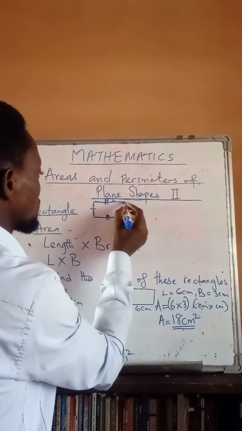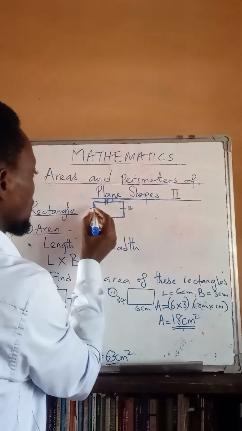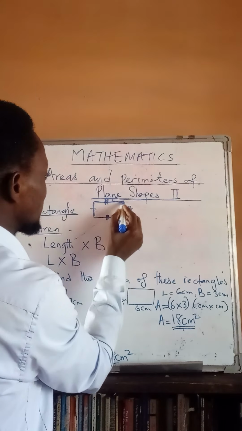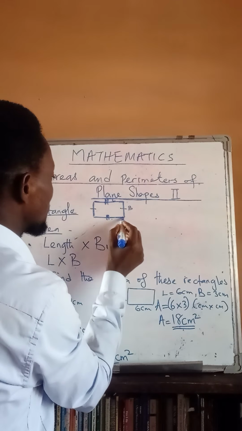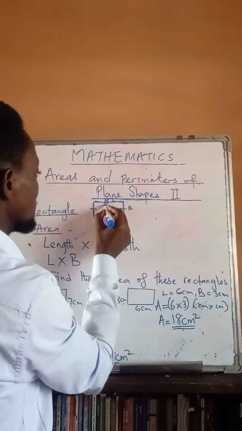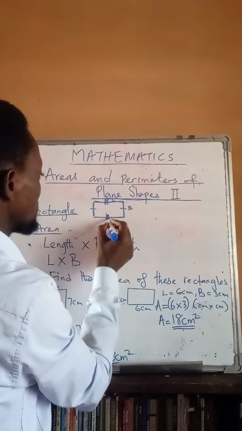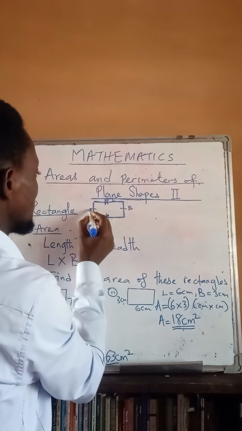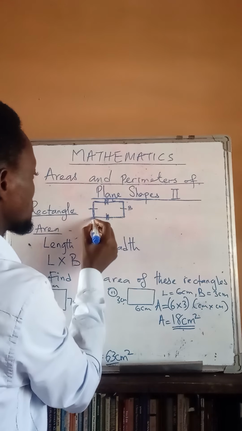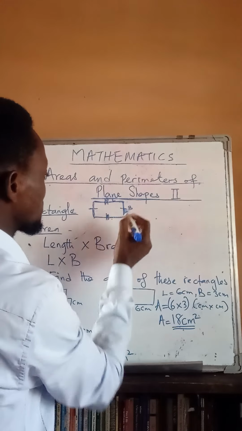This is a rectangle bounded by 4 lines. Opposite lines are the lines that are opposite each other. This line is opposite of this, meaning this line is equal to this. This line is opposite of this, meaning this line is equal to this.